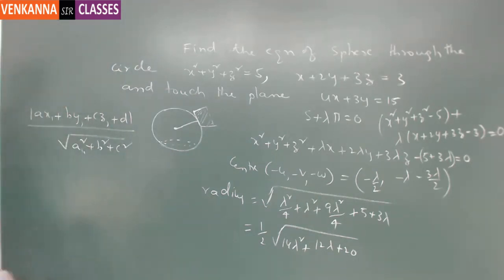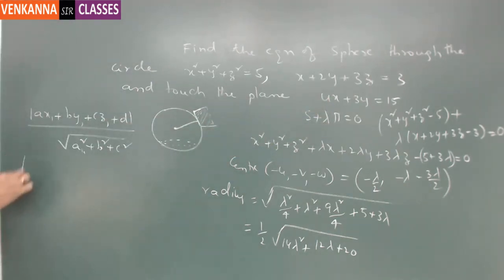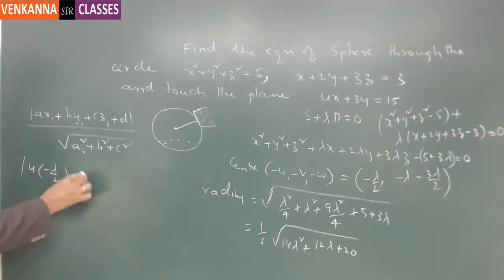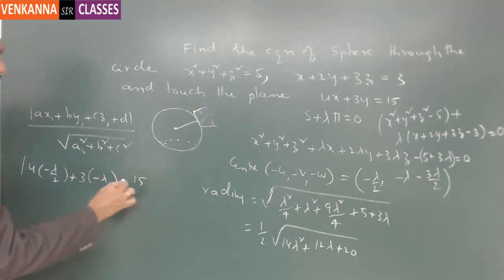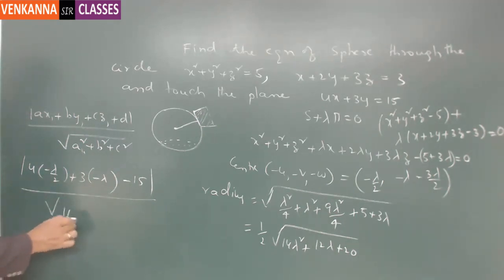The distance from the center of the sphere to the plane, but we need to consider this plane, the problem plane. So you have modulus of 4 into minus lambda by 2 plus 3 into minus lambda minus 15, where everything will be 0, by square root of a square plus b square plus c square, nothing but 16 plus 9.